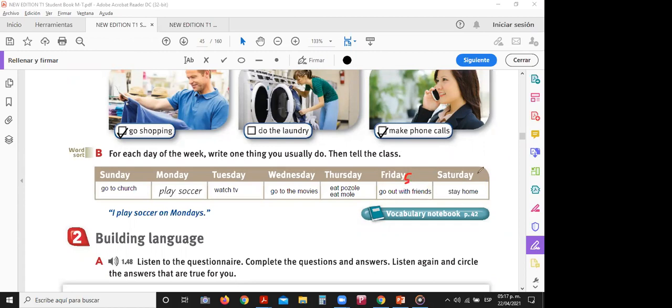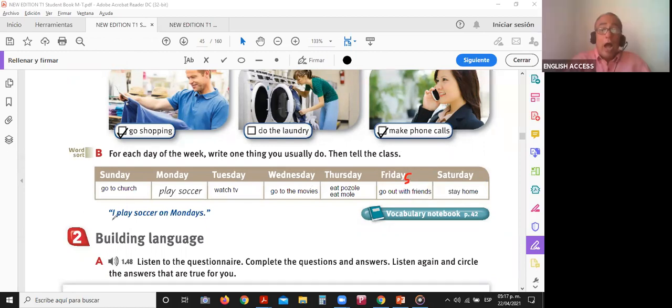On Saturdays. When we talk about our routines, we use I, then the activity, on, and we use days with a plural sound, okay? Because these are routines we do during the week.